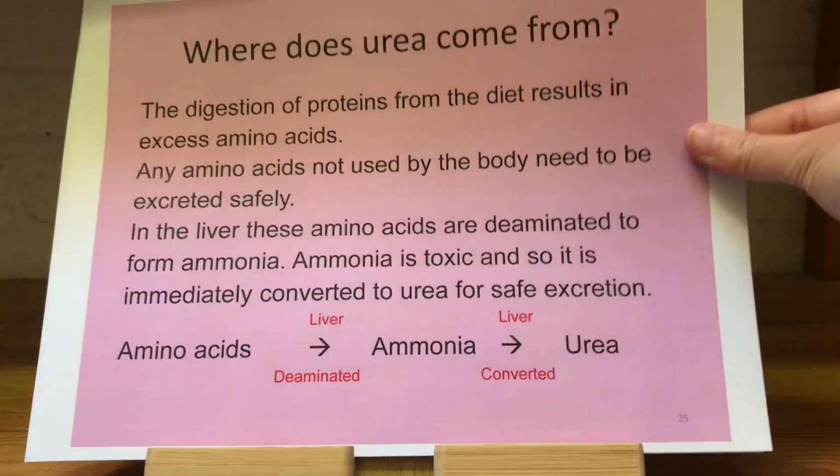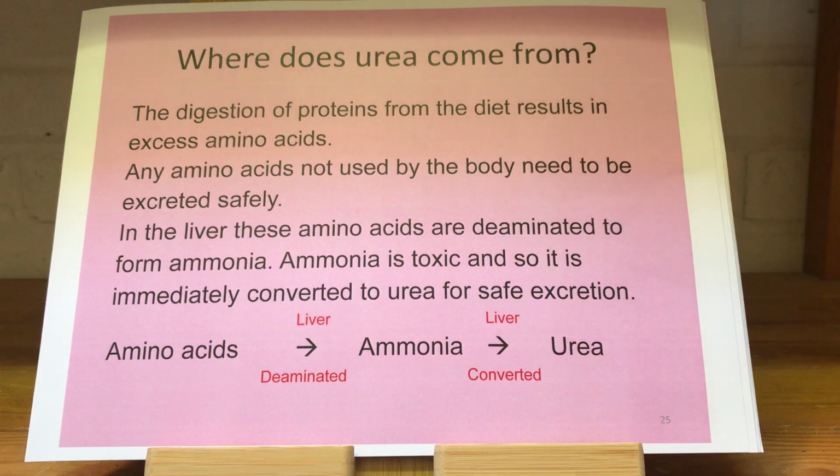Let's look at where that urea comes from. To do that, we need to go back to B2 in paper 1, where we learnt that we take in proteins and digest them into amino acids, because then they're small and soluble and can get into the bloodstream. Then some of those amino acids aren't used in protein synthesis, they're just wasted.